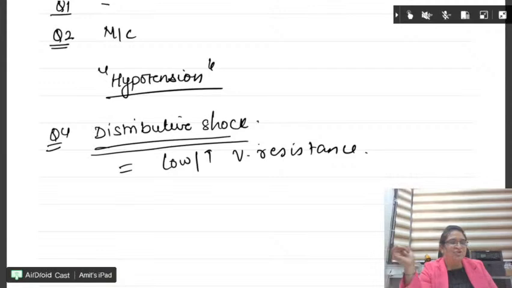In all other shock, neurogenic. Neurogenic is the answer, beta. Neurogenic. Okay. In all the shocks, we see vasoconstriction, except one. Is this a true statement?